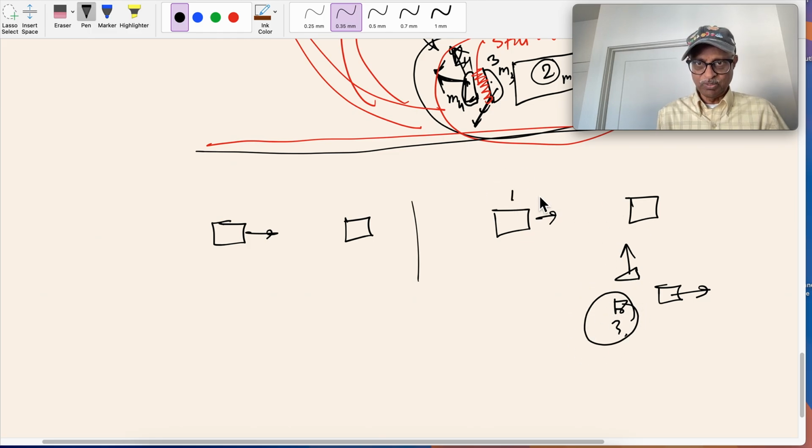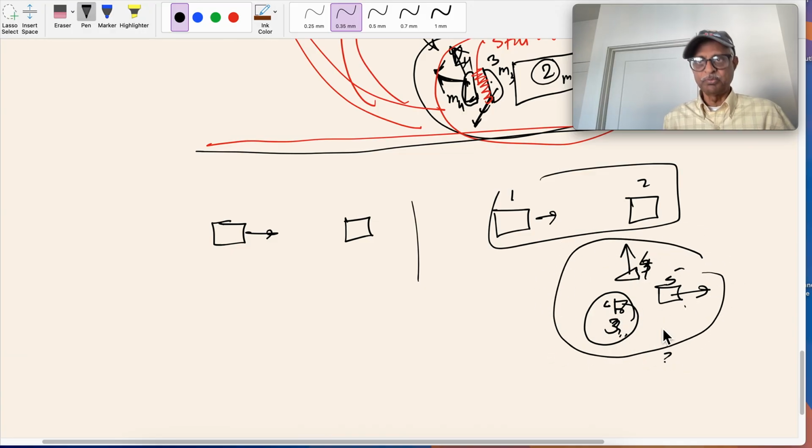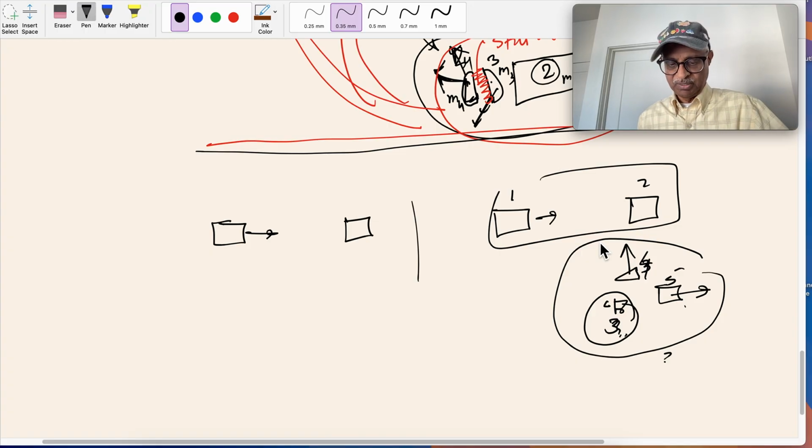So this was 1 and 2 before the collision, but 3, 4 and 5 go this way, and what will happen here? We're going to do these kinds of problems, but I don't want to make the video too long. I'm going to talk about this in the next video.